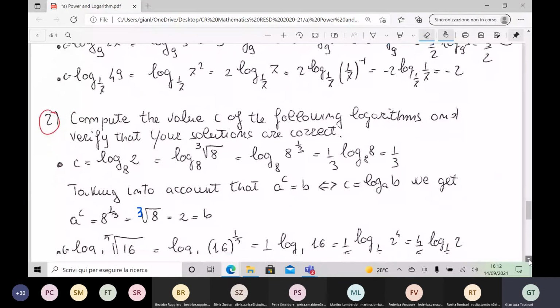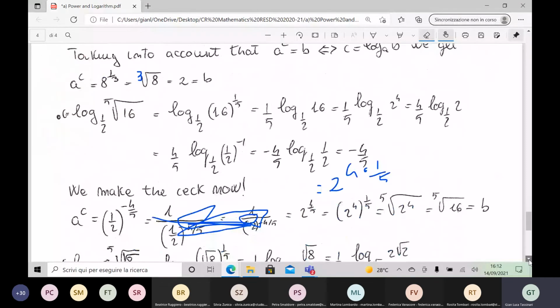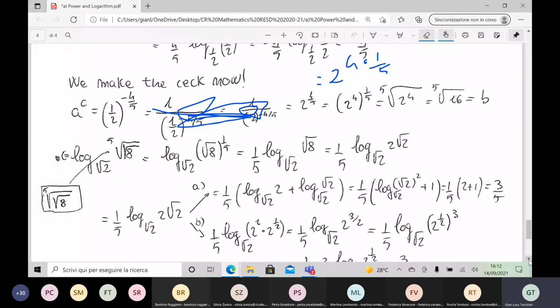So 1 over 5, now apply the property, so open a parenthesis because now we want to split this logarithm into the sum of 2 logarithms with the same basis, square root of 2. So logarithm with basis square root of 2, logarithm with basis square root of 2. Of what? Of b1, which is 2, and the other of b2, which is square root of 2. But first of all, the logarithm with basis square root of 2 of square root of 2 is 1.